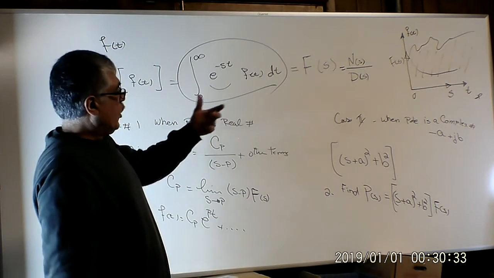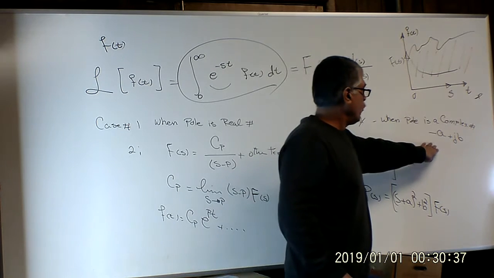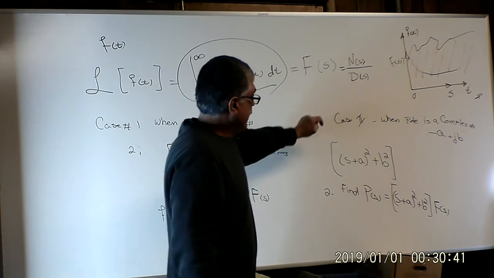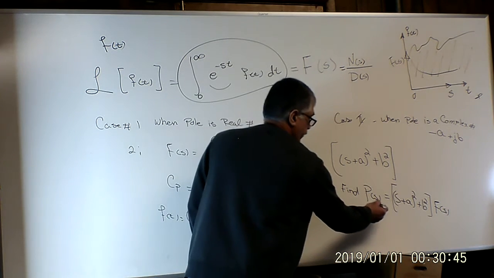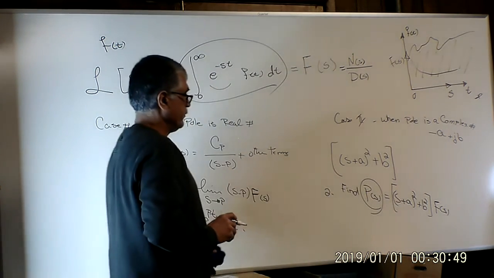So in case 2, when the pole is a complex number in this form, we factor D(s) like this, and then we find P(s) with this relationship.